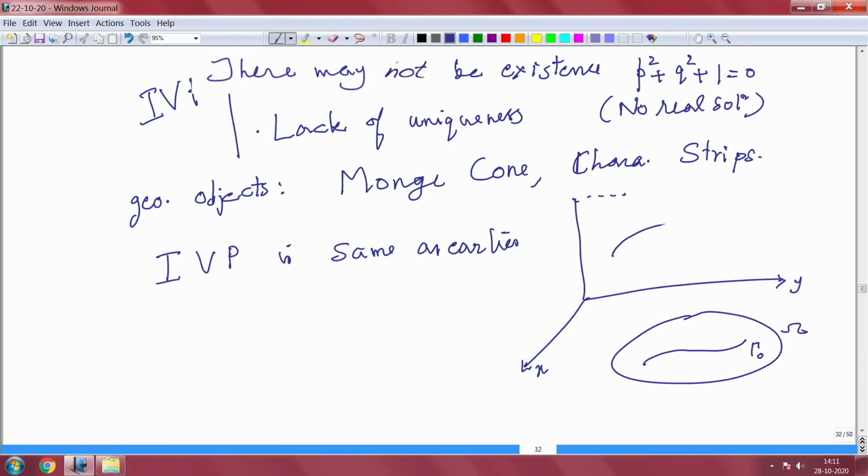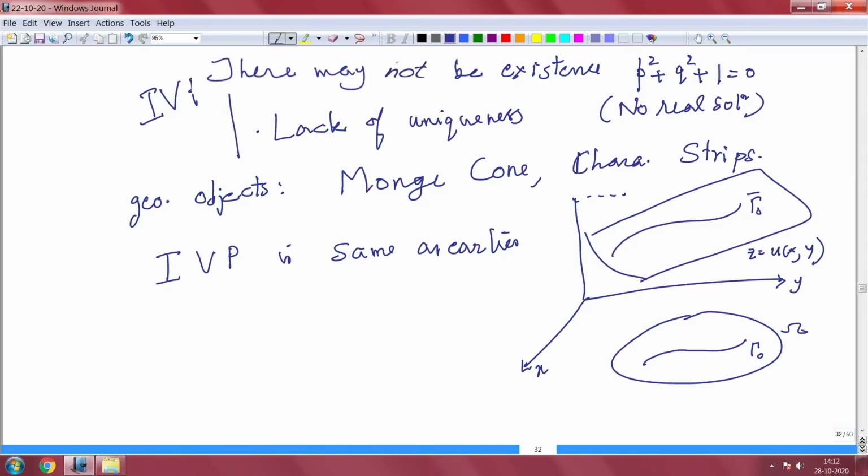You have a lifted initial curve gamma naught bar, and you look for a surface z equal to u(x, y), which is called the integral surface. These are the things we have done. So we have to find a characteristic surface passing through a lifted initial curve. As far as the initial value problem is concerned, there is no issue. So what is the difficulty?